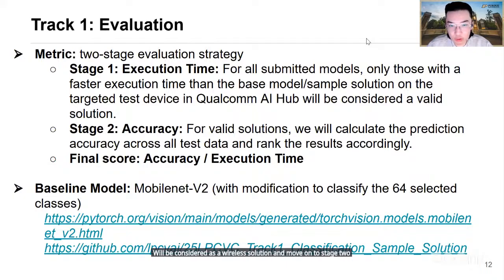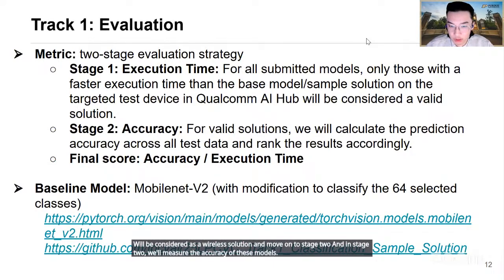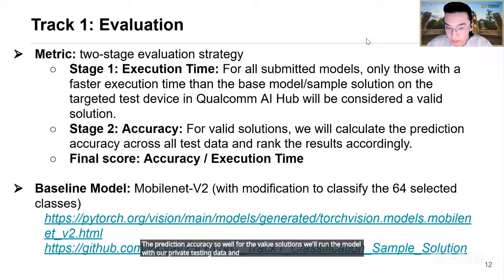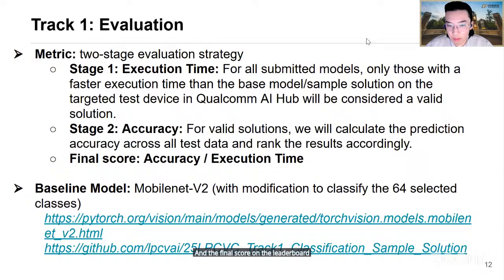In stage two, we'll measure the prediction accuracy. For the valid solutions, we'll run the model with our private testing data and rank the results accordingly. The final score on the leaderboard will be calculated as accuracy divided by execution time.